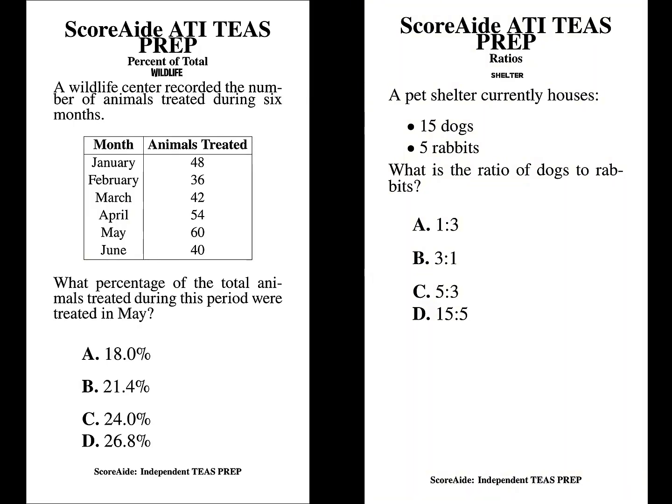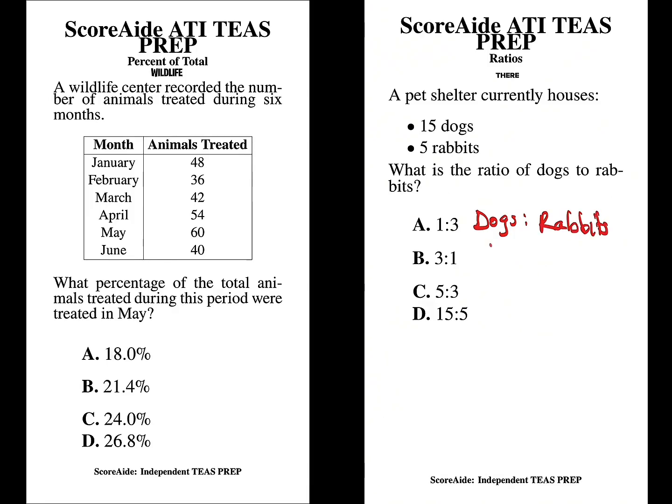A pet shelter currently houses 15 dogs, 5 rabbits. What is the ratio of dogs to rabbits, right? Remember, ratios are written in their simplest form. So we're just gonna go ahead and put dogs to rabbits.